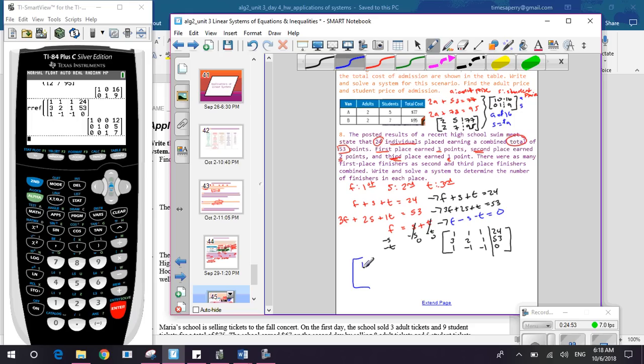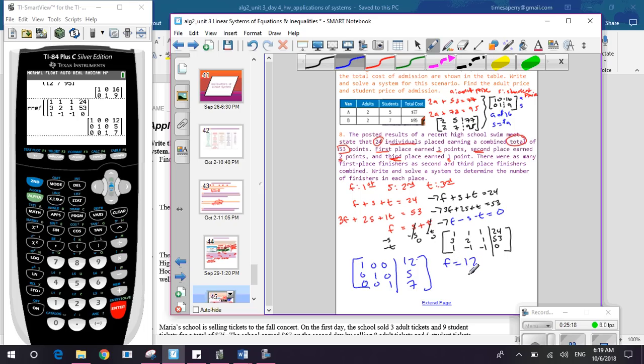So here's our output. So again, the order is the same as it was entered as far as variables are concerned. So that means F is equal to 12.